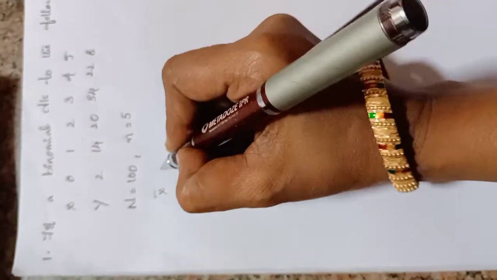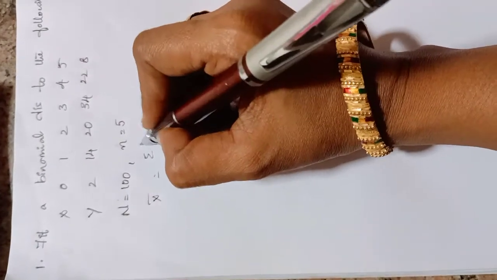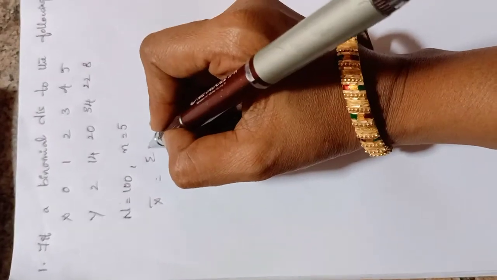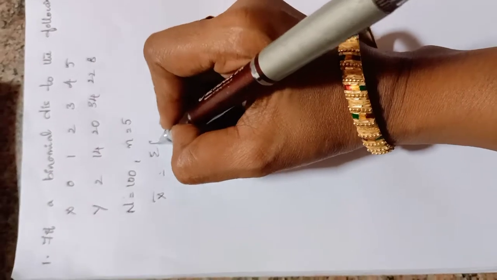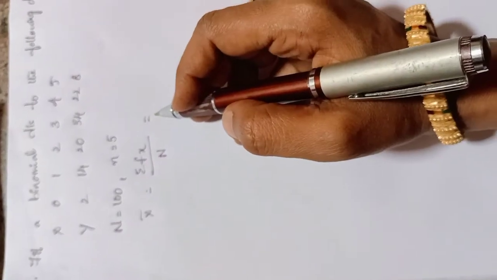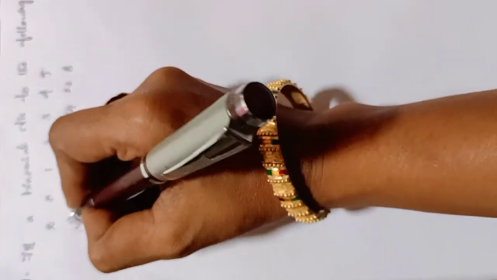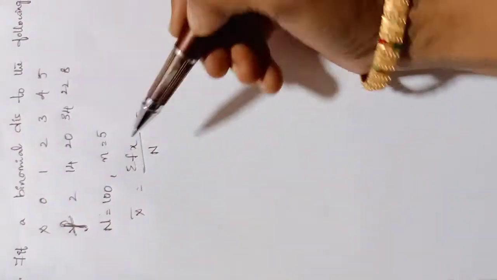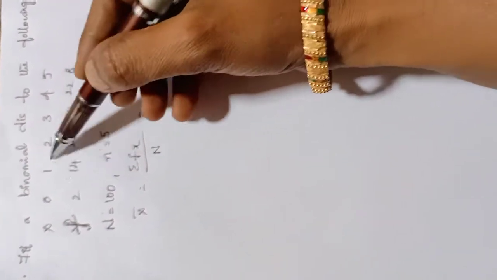Then calculate x bar, that is equal to summation fx divided by capital N. So here these are the frequencies. So you can calculate f into x. That means you have to multiply these two values.